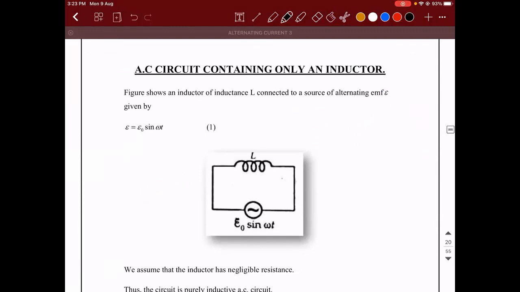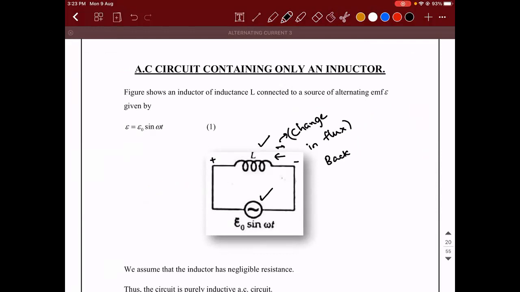Let's say you have only an inductor across which an AC source is connected. We know that due to this alternating voltage, there will be a change in flux taking place across this inductor, as a result of which a back EMF will get generated.